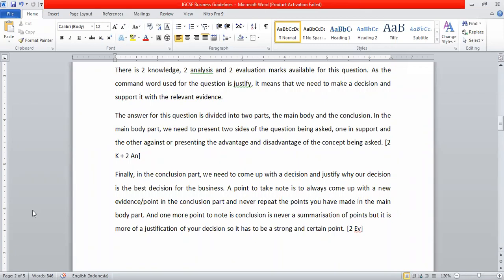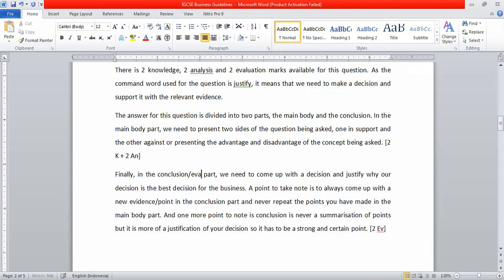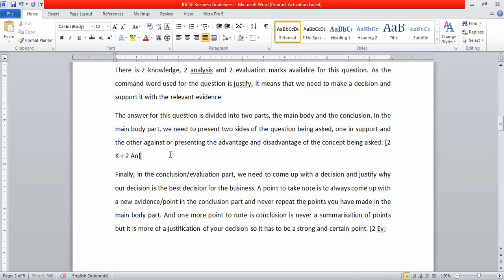Don't say that both are good or both are not good. You already said that in the first part. In the conclusion, usually we write it as the evaluation part. You must come up with a decision. Don't keep on being confused yourself.